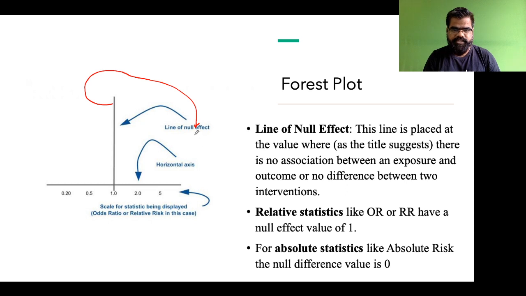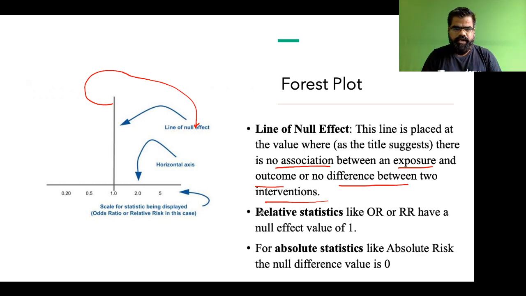As the name says, null effect, it indicates that there is no association between exposure and outcome. There is no relationship, or there is no difference between two interventions. Simple. Line of null effect, like null hypothesis, null effect.